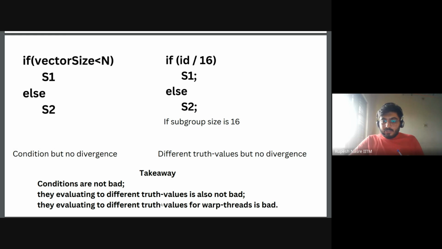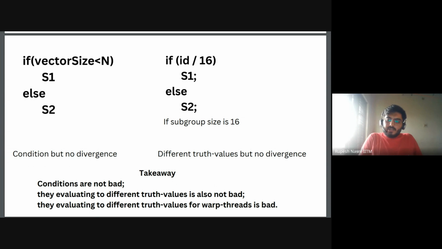I've just used the wrong word. It should be that different behavior within a subgroup's threads is bad. If in a subgroup the threads are evaluating to different statements, then only is it bad.